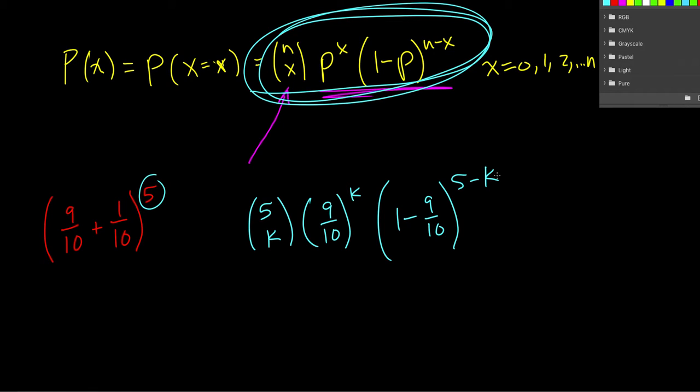Okay. Now this one could also have been written as 1/10 because this is the probability of success. And then this is failure. Okay, so we have this, and what we're going to do is look at it going from k equals 0 to k equals 5.